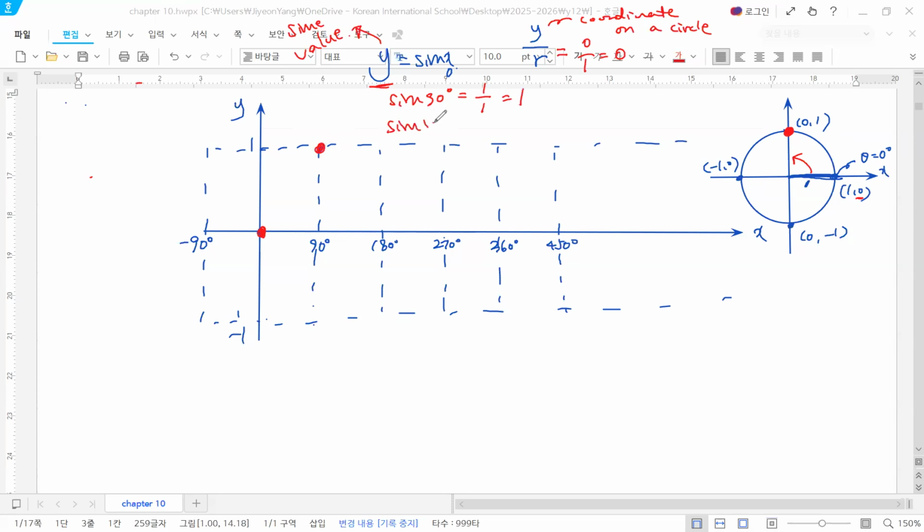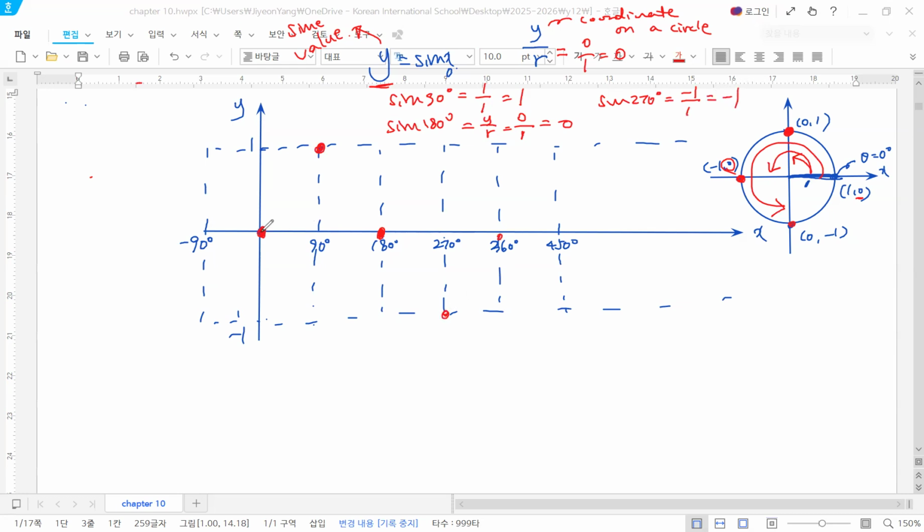Sine 180 degrees means that theta is here, and then y over r. The y coordinate is 0 here, and r is 1, which is 0. And when theta is 270, then sine 270 degrees equals negative 1 over 1, equals negative 1 here.